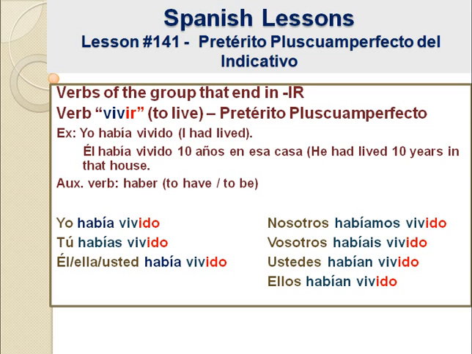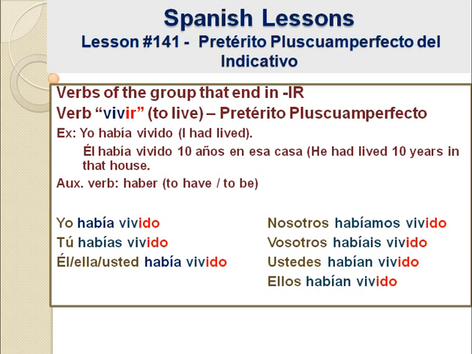Nosotros habíamos vivido. We had lived. Vosotros habíais vivido. You had lived. Plural you. Ustedes habían vivido. You had lived. Again, the plural you. And ellos habían vivido.